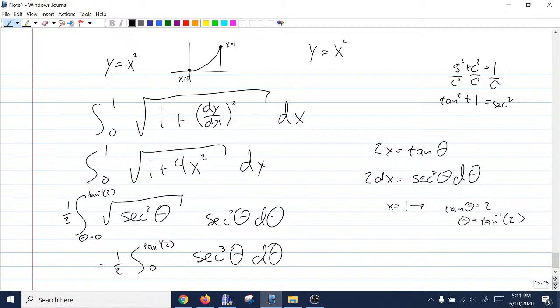Let's find the arc length of a circle. The circle is best understood in terms of its famous parameterization, x equals cosine theta, y equals cosine theta. Wait, nope, cosine will not give the correct thing. x equals cosine theta, y equals sine theta.